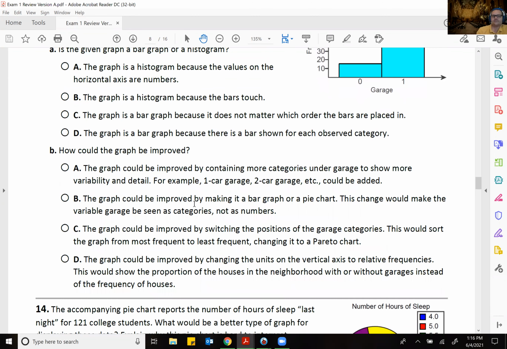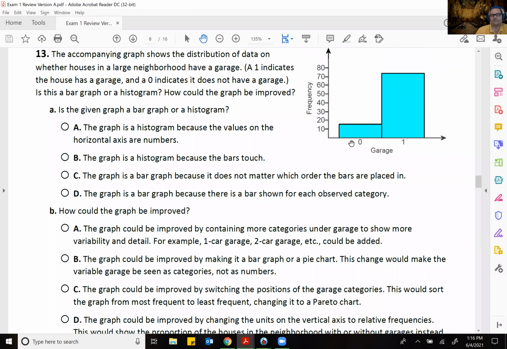Which one is the better improvement? Again, think about the data we have. B. It is B. A histogram is not an appropriate graph to be using for categorical data.